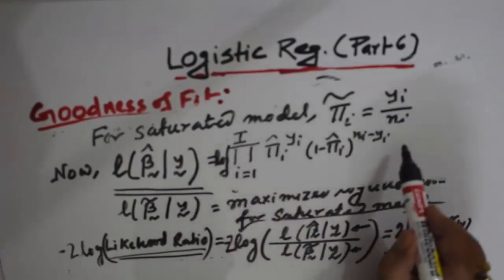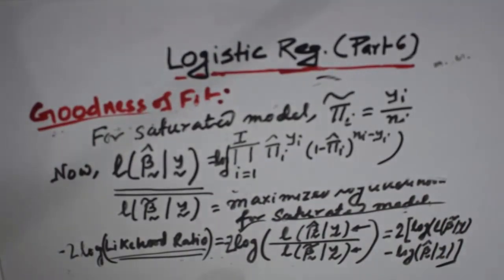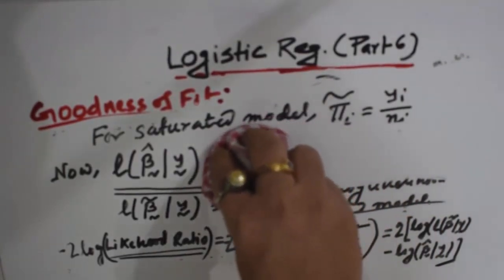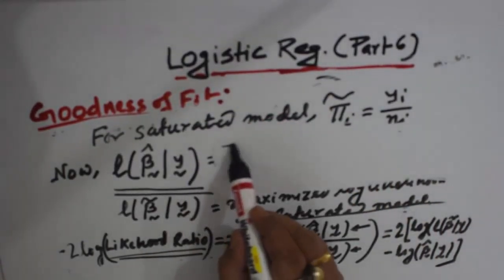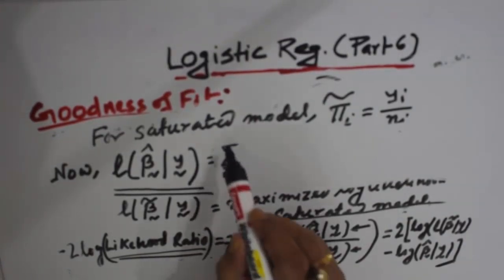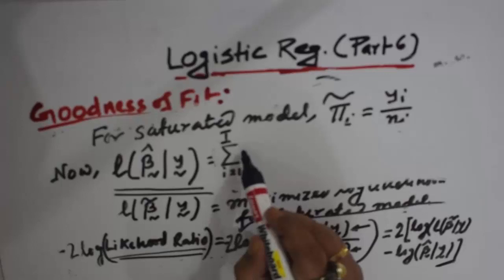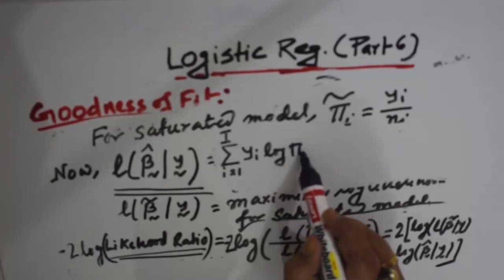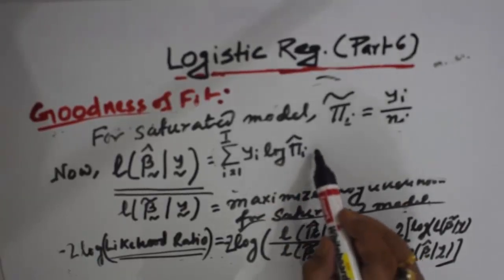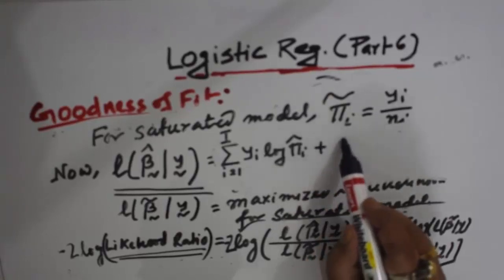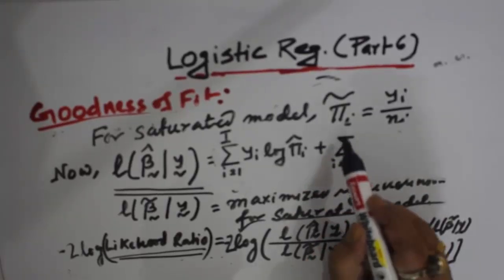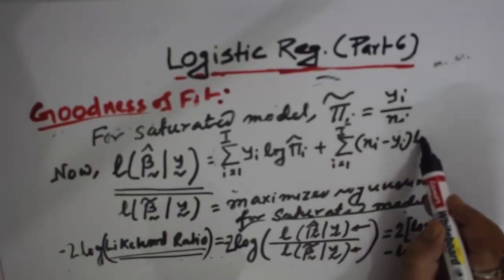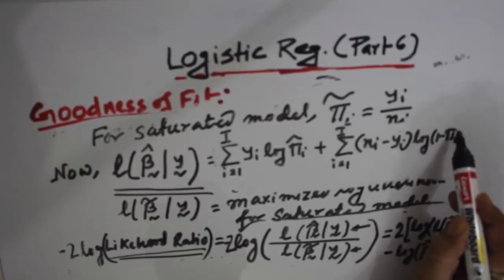Taking the log of this, we write it as the sum over I from 1 to capital I of yi log pi I hat, plus the sum over I from 1 to capital I of ni minus yi times log 1 minus pi I hat.